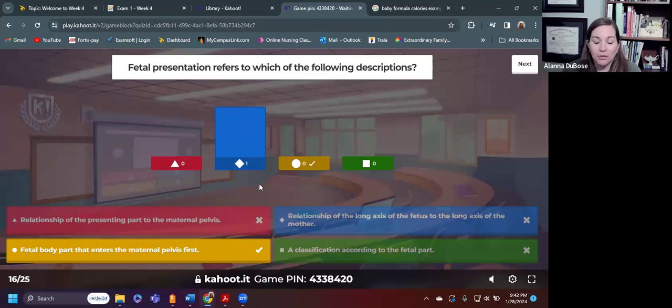The presenting part would either be the head or the butt or the shoulder or the brow. So what is the presenting part? That is the presentation. The presentation then is either vertex, breech, and so forth. So the fetal body part that enters the maternal pelvis first.